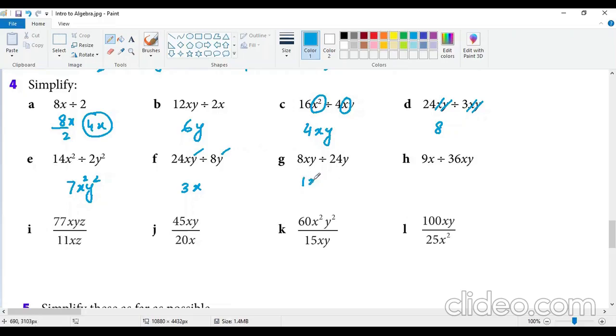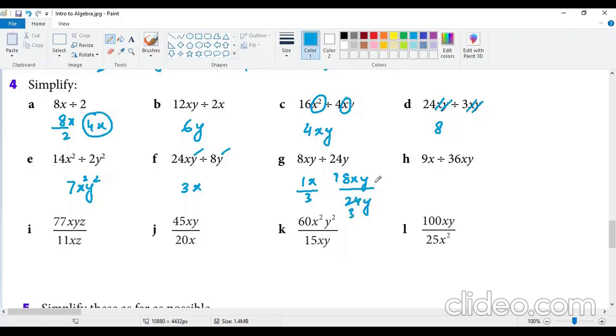only, 1 over 24, 1 over 3x. Why 1 over 3x? Because 8 times 1 you cancel, or I can explain it this way. If it is 24y, so 1 times 8 times 3 is 8 times 1 is 8, 8 times 3 is 24.